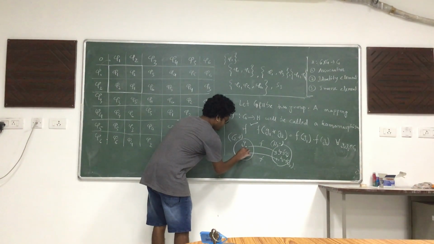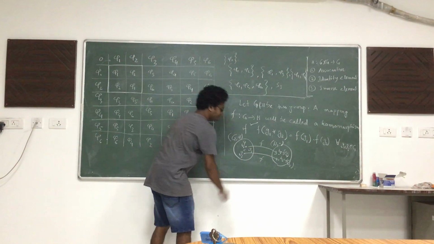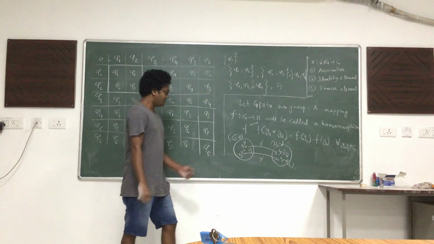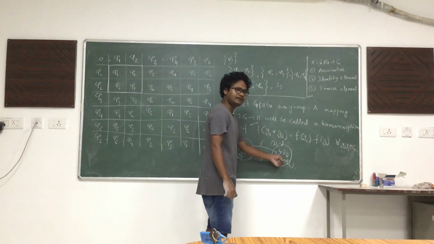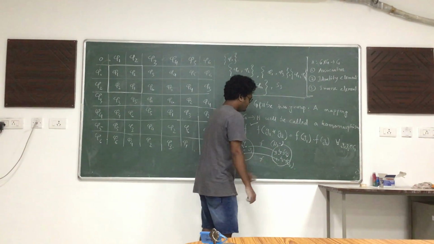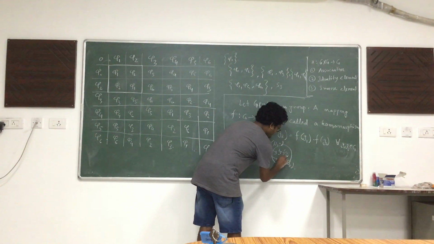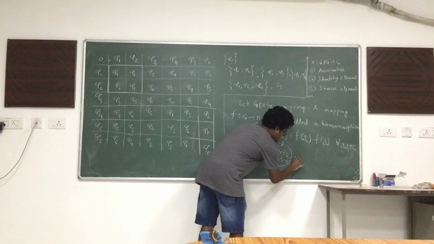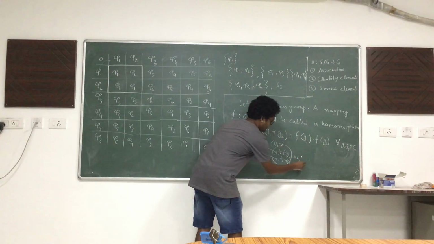This multiplication will give me some other element, g3. On the other hand, h1 and h2 multiplied together will give me some element, let us say h3.